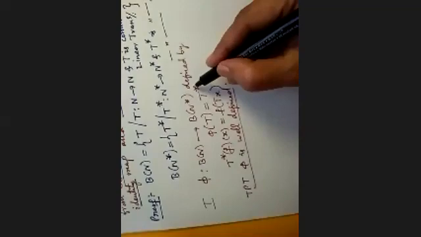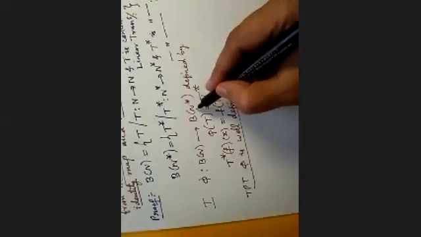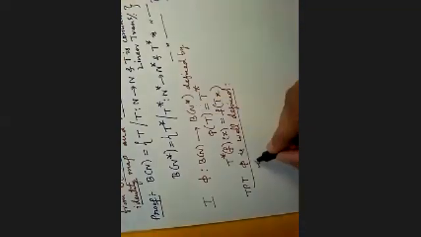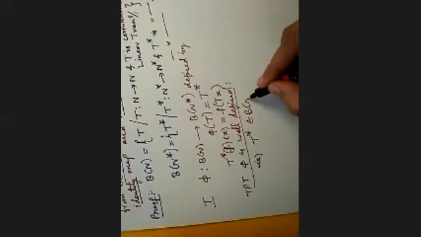What is the meaning of well defined? This T star belongs to B of N star. We shall prove that T star belongs to B of N star. What is the condition to be in B of N star?